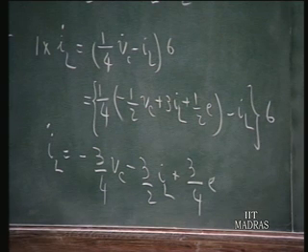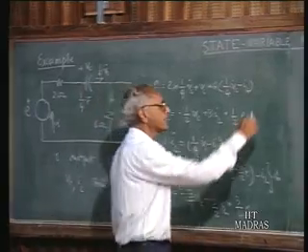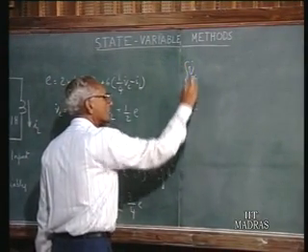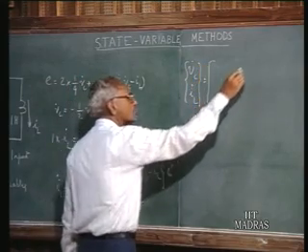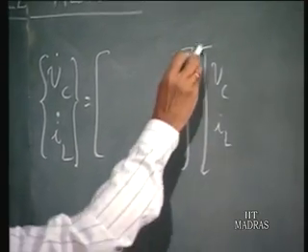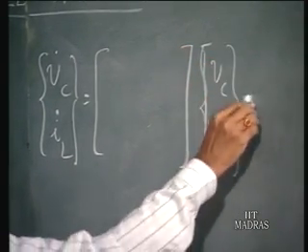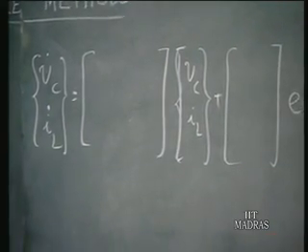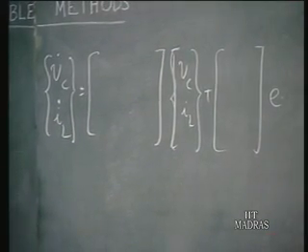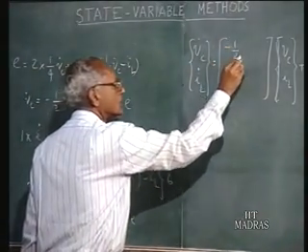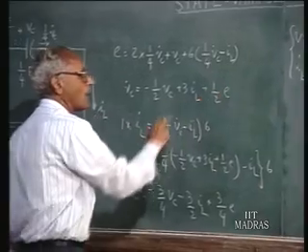And therefore, we can now use these two and write Vc dot, IL dot equals a matrix times Vc, IL, plus another matrix times E. Using this, Vc dot is minus half Vc plus 3 IL plus half E, therefore I get half.